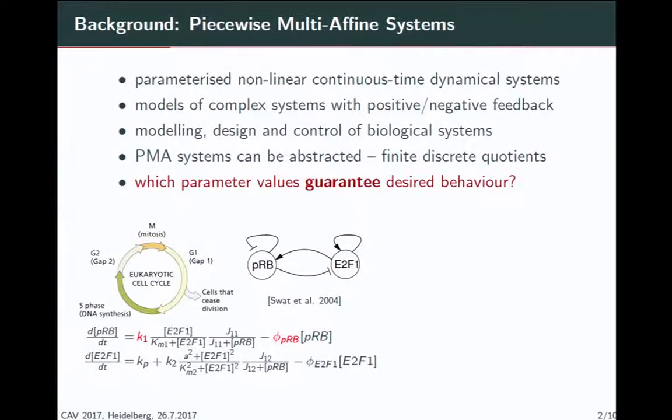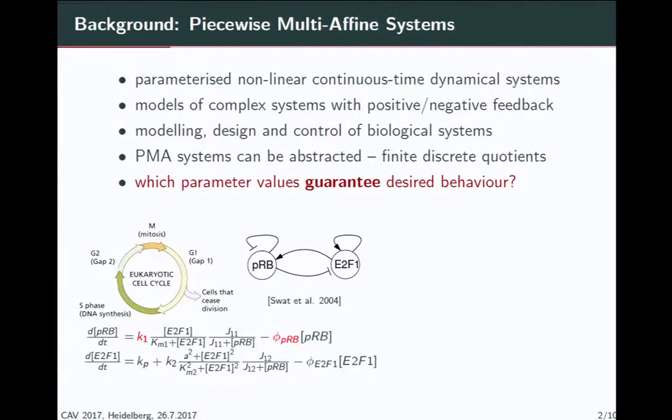And this kind of system is a nonlinear dynamical system. There are two proteins, and the dynamics of them is modeled in terms of ordinary differential equations. A good point on it is that in these biological systems, you often have the form of sigmoidal kinetics, and these sigmoidal kinetics can be represented and approximated by means of piecewise multi-affine functions.